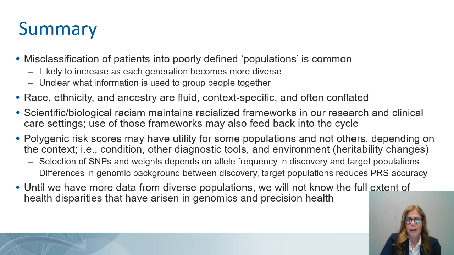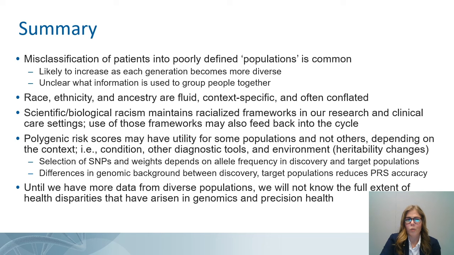So in summary, it's very common to have misclassification in our research and in clinical care, because the way that we define populations is just not valid in a lot of cases. And this is likely to become an increasingly big problem as each generation becomes more diverse.